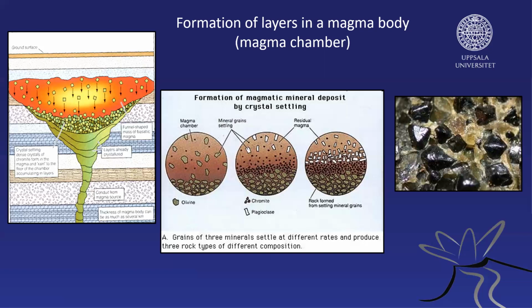So sometimes you have convection within the magma chamber. So basically you stir the stuff. And sometimes what happens, it works very well for plagioclase, you form a layer of plagioclase, but it's in the middle, more or less, of the magmatic body.